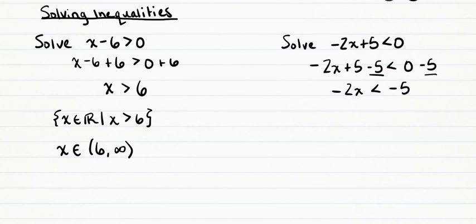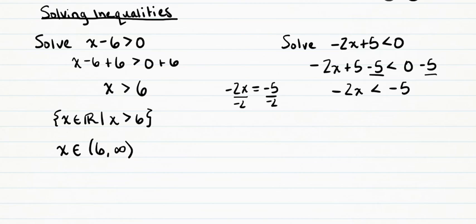Now here's the exception with using opposite operations to solve inequalities. If this was an equation, like negative 2x equals negative 5, then our next step would be to divide both sides by negative 2. With an inequality, that's not going to work. If we divide both sides by negative 2, our inequality sign needs to switch in order to maintain a true statement.